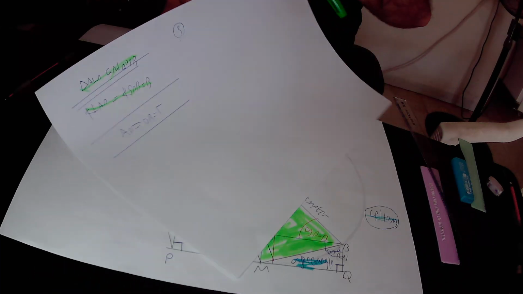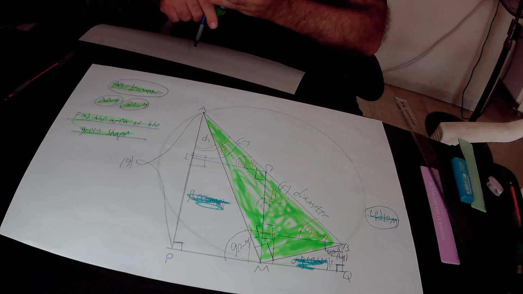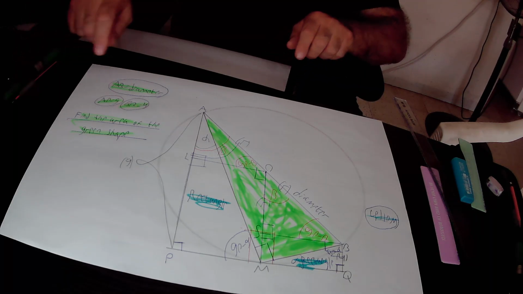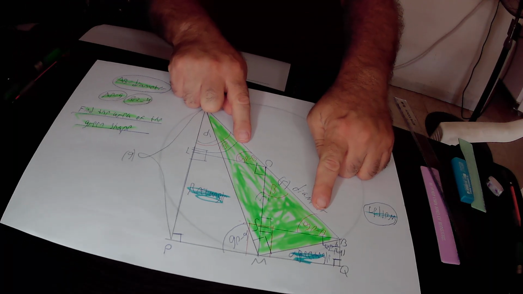And finally, those two angles are both equal to 90 degrees minus beta and therefore they are equal to each other.